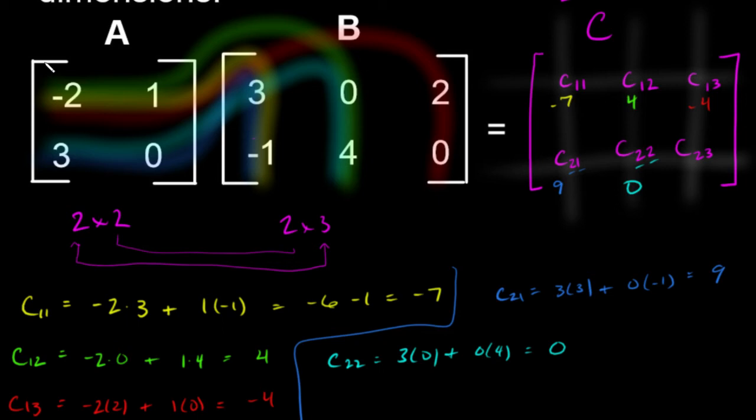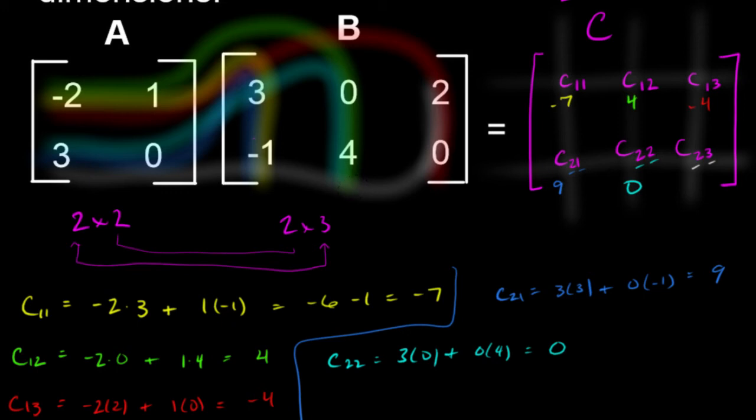And finally, our last entry, I don't think I have a color for it. I'll use white. Our last entry uses the second row and third column. So that is to say, this second row, third column. C23, excuse me. So that's going to be the first entry here, 3 times 2, the first entry and the first entry. And that's going down, by the way, right, as the rest of these have been.